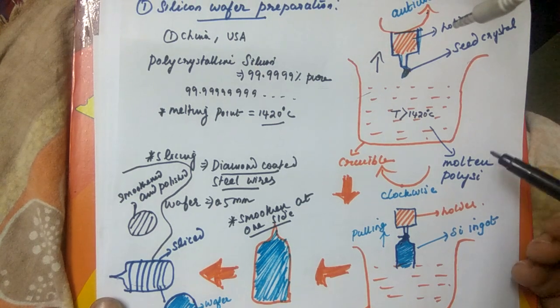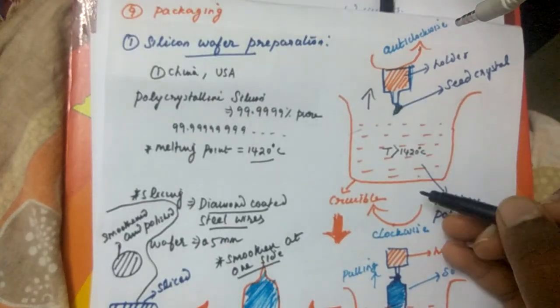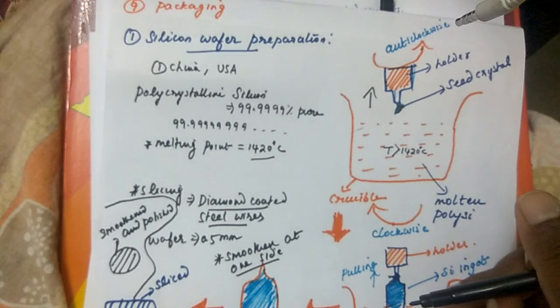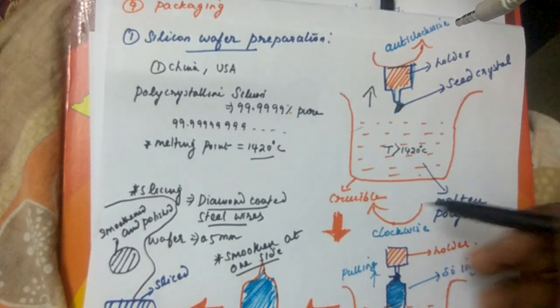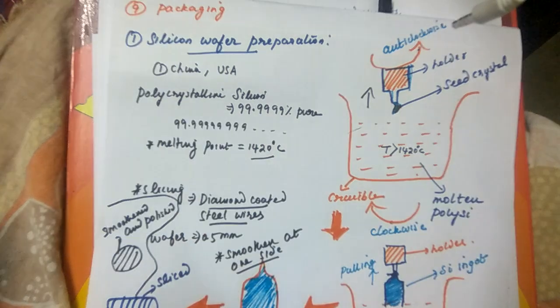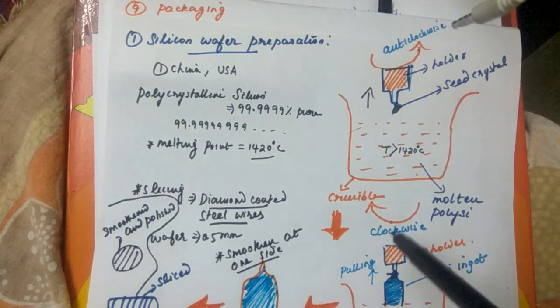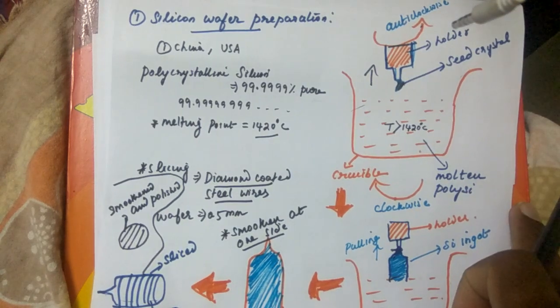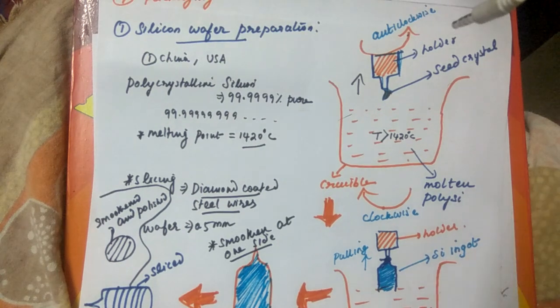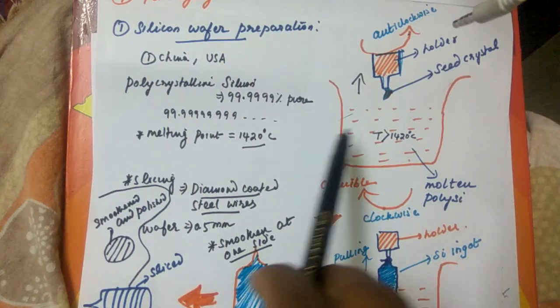One more thing I would like to add. Here we were talking about wafer preparation with the help of polycrystalline silicon. So the wafer you get through this process is a pure silicon wafer. If you want a p-type wafer or n-type wafer, you add impurities.